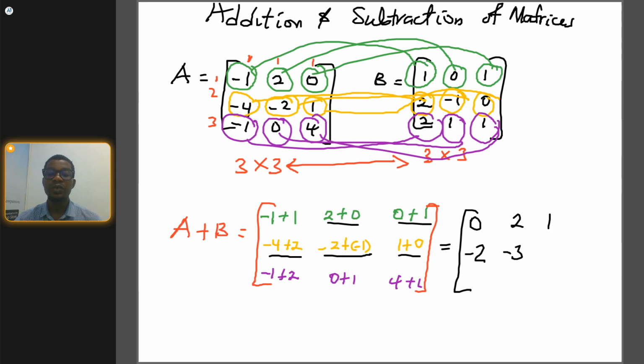And 1 plus 0 is 1. -1 plus 2 will give us 1. And 0 plus 1 will give us 1. 4 plus 1 will give us 5. So this is the addition of the matrix.